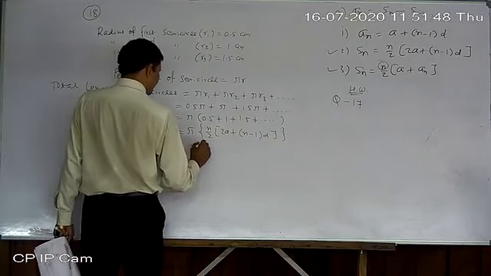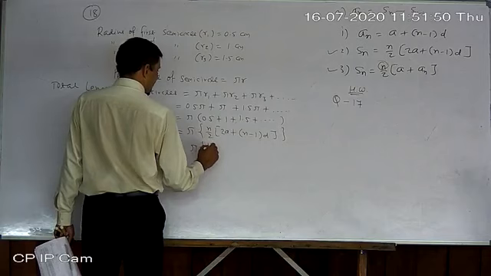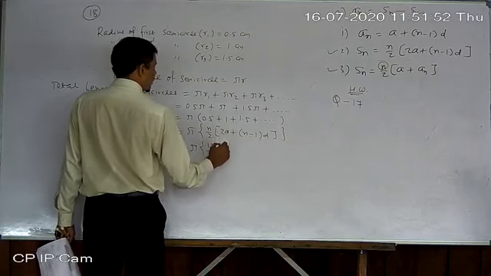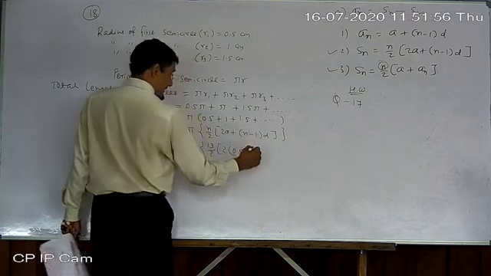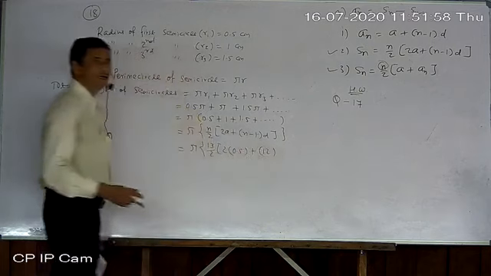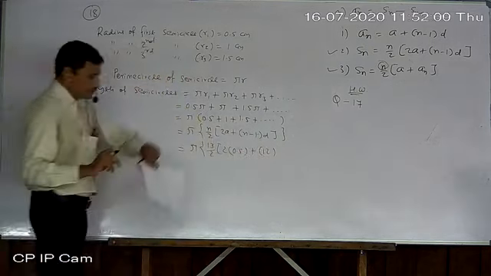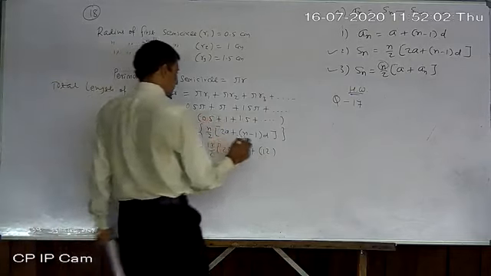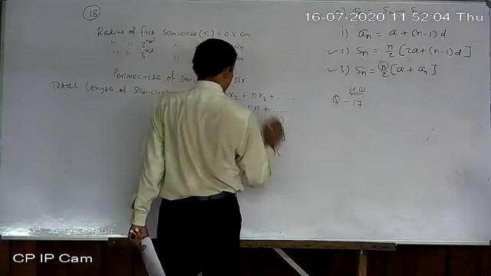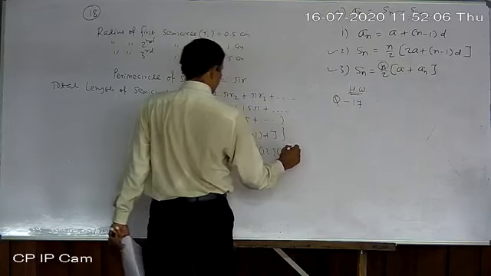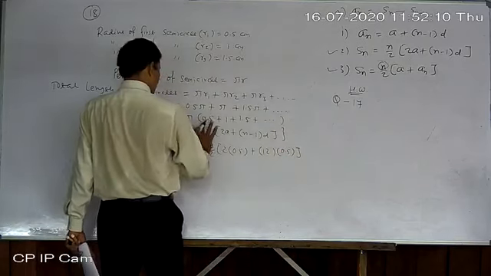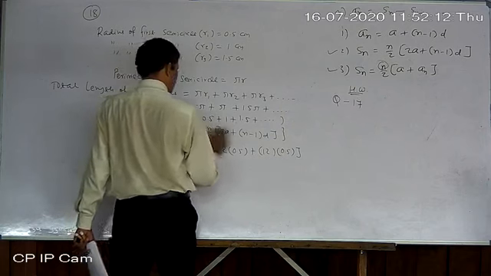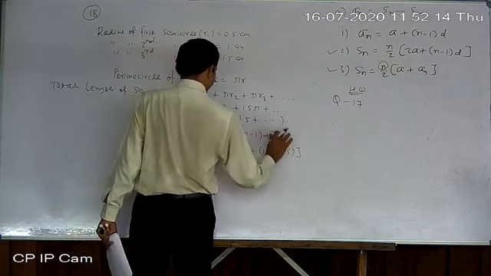Now pi times n, that is 13 by 2, a is 0.5, plus (n minus 1), 12. Why? They have given n as 13, and d is given as 0.5. Now there is no need for that bracket. From the first step also you can remove it. No problem.